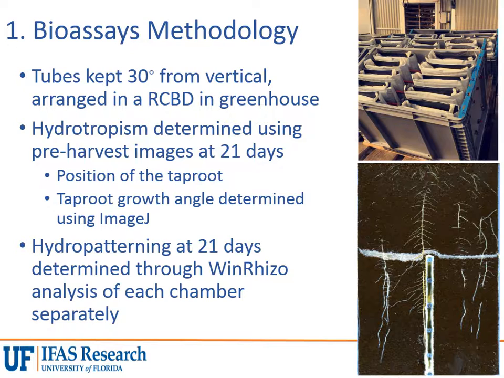We determined if they were behaving hydrotropically by scoring whether the taproot had moved into the area of higher moisture or not, and by measuring the taproot growth angle on these images using ImageJ. You can see an example of one of these in situ images down here at the bottom right. That really allowed us to determine whether hydrotropic behavior was occurring or not.